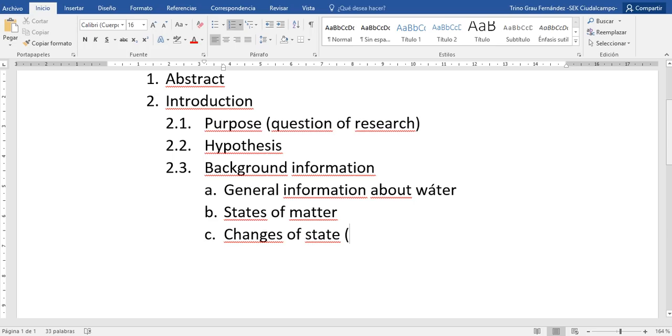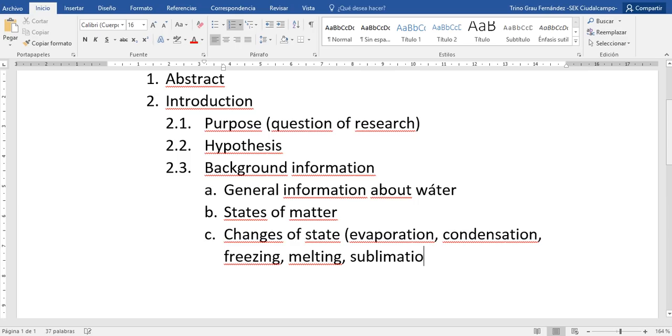So the changes of state are evaporation, condensation, freezing, melting, and the two extras are sublimation and reverse sublimation.